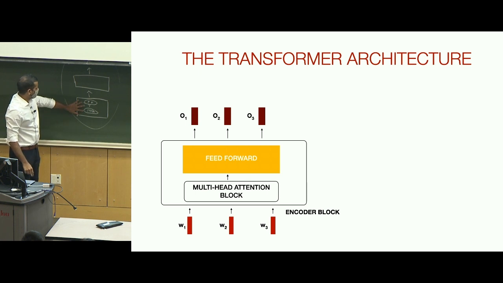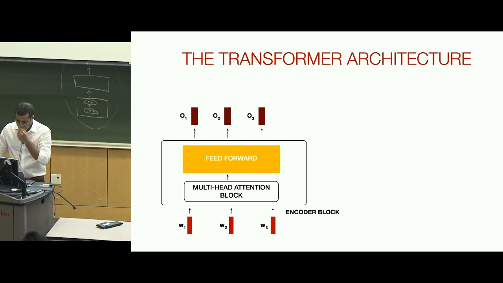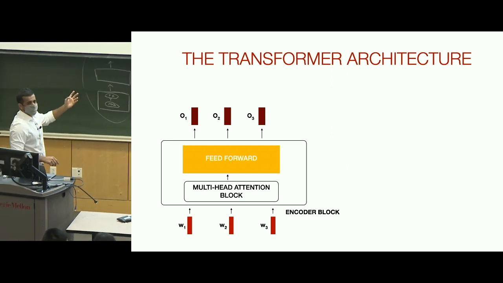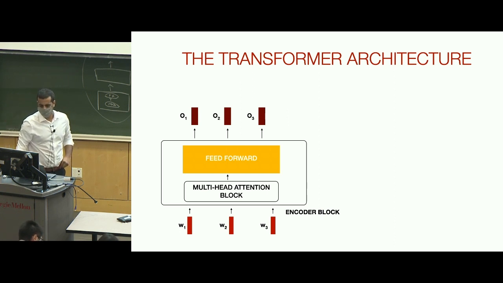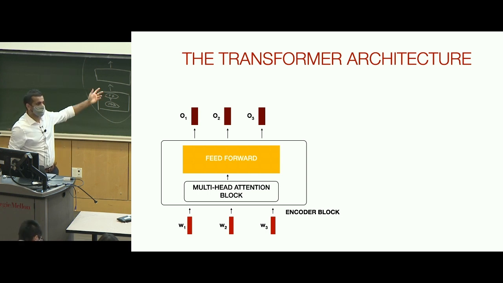Even if you had this flipped here, it wouldn't matter eventually because you would combine all the words at some point. But I think why they're doing it is that the input to the feed forward layer should be such that each token is a function of the entire sequence and not just the token. So it makes sense to do it first before sending it to the feed forward layer. But this is it. This is the encoder block of the transformer architecture.